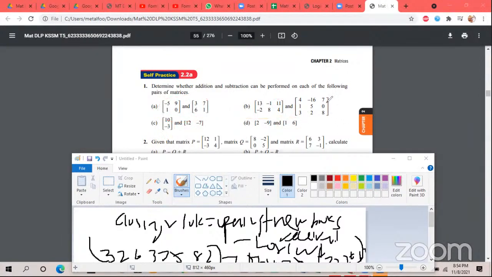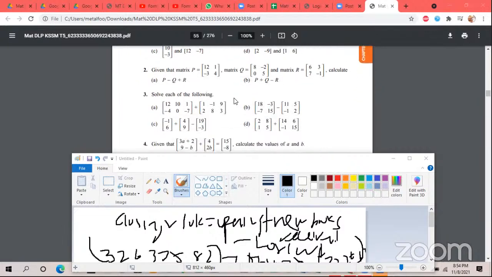Given matrix P equals 12, calculate P minus Q plus R. So P minus Q: 12, 1, negative 3, 4 minus 8, 0, negative 2, 5. So it will be 12 minus 8 is 4. 1 minus negative 2 is 3. Negative 3 minus 0 is negative 3. 4 minus 5 is negative 1.